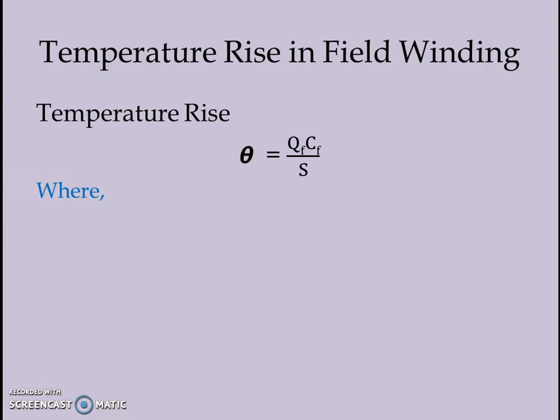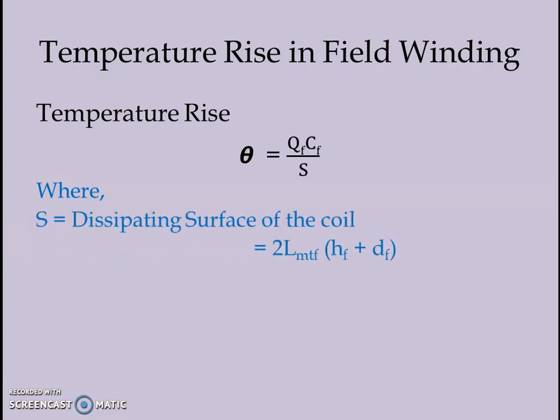Now theta, that is the temperature rise, as we have seen, has the equation QF multiplied by CF and divided by S, where S is the dissipating surface of the coil, and it is given by 2 LMTF multiplied by HF plus DF. HF is the height of the field winding and DF is the depth of the field winding. So what I was discussing is that we have to adjust DF.